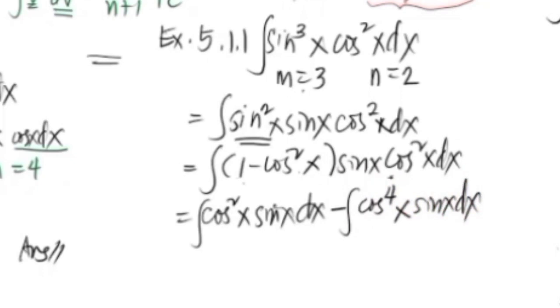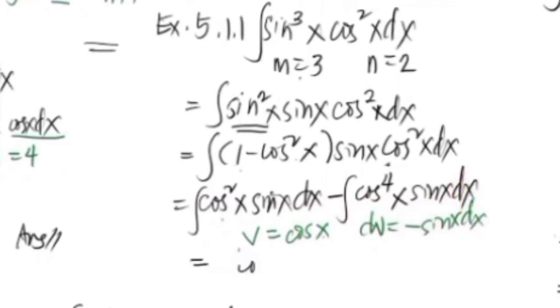So from our first topic, we let this v is equal to the cosine x, and the derivative of that is, the derivative of cosine is negative sine x dx.